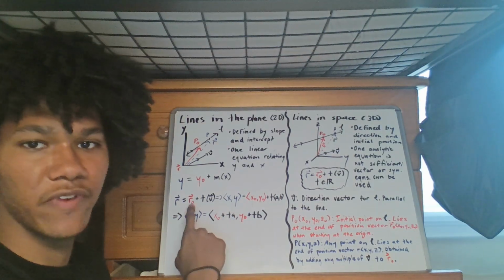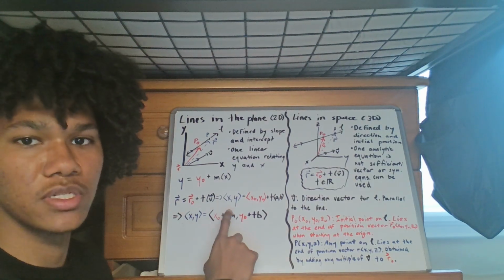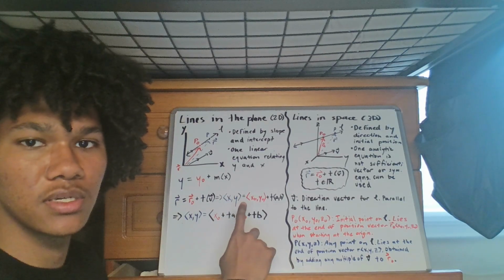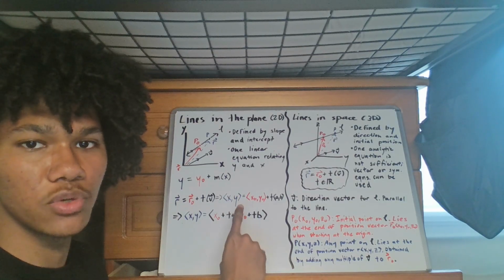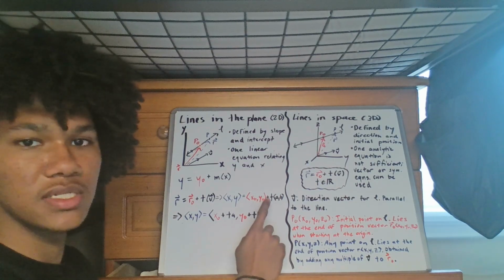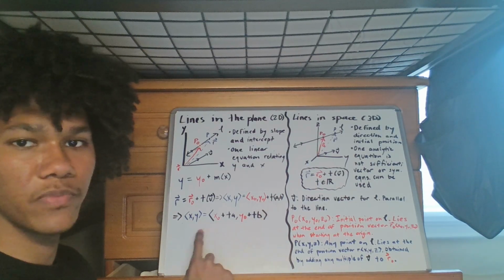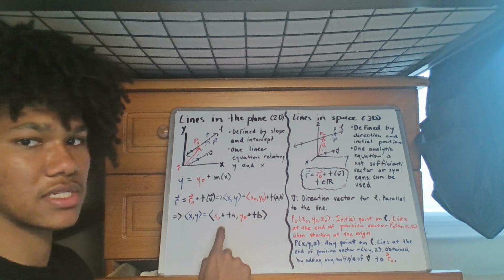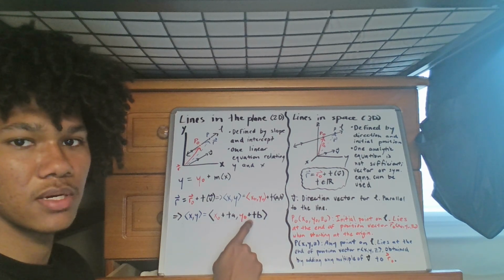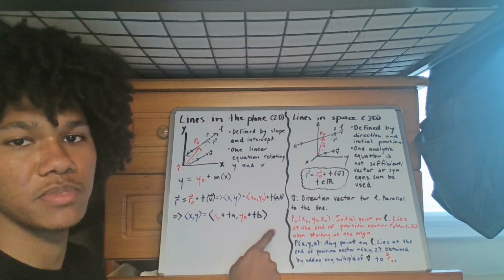So if I write each vector in terms of its x and y components, such that our arbitrary point has coordinates x, y is equal to our initial position vector x0, y0 plus t times our vector ab, the two vectors on the right side added together is equal to x0 plus t times a, comma, y0 plus t times b.